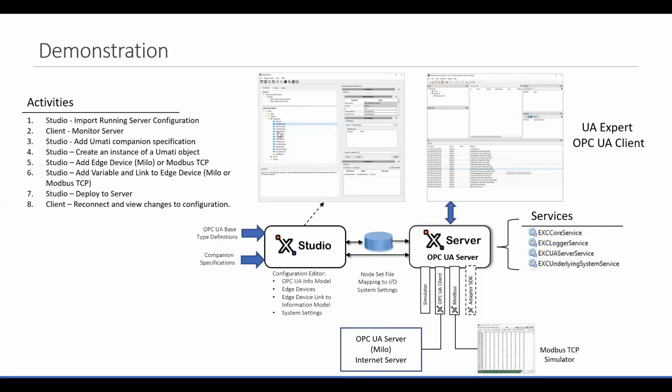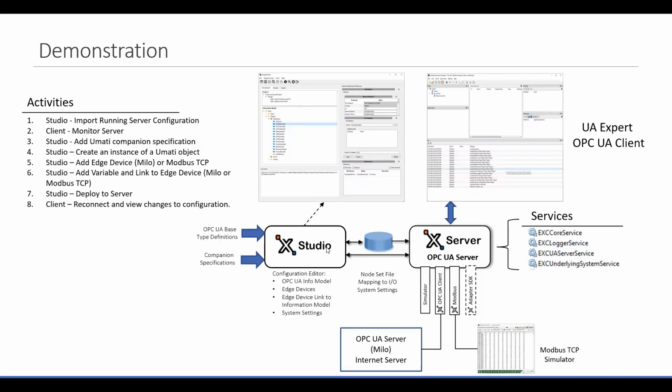So EdgeX Studio runs on my Windows desktop. It can run on Linux desktop too, but in this case, just to see variety, I'm going to use my laptop, whereas my EdgeX server is running on a Linux machine, which is in this case hosted on an Amazon instance. So it's remote from my location.